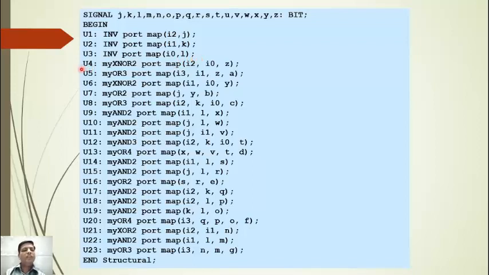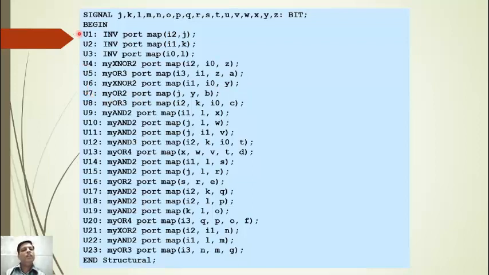In this way another component U4 colon MUX port map I2, I0 and Z. These are the three signals, meaning two are inputs and one is the output. So these are all the signals for that particular gate in the logical diagram, and all these signals we are defining in the port mapping.